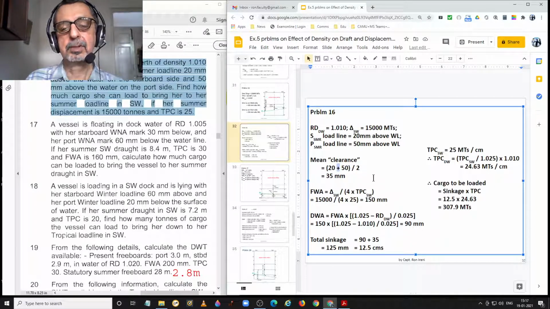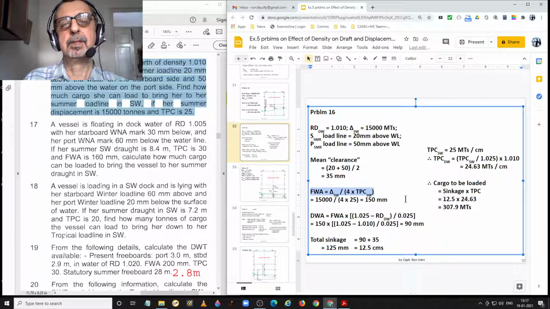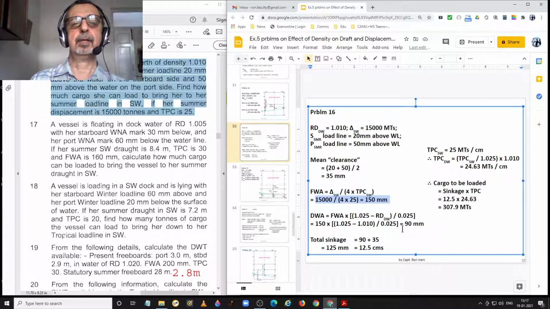Because on both sides the summer load line is above the water level. So the mean clearance on the center line is equal to 35 millimeters. Freshwater allowance we know is equal to displacement divided by 4 times the TPC in salt water. When you put in the values, you get a freshwater allowance equal to 150 millimeters.